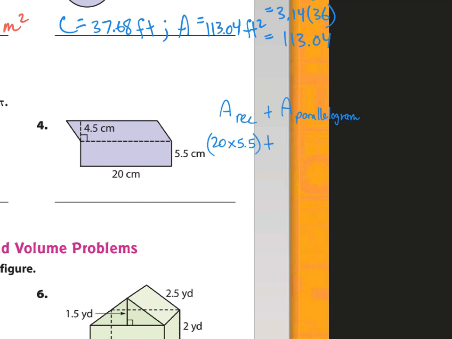And I'm going to add to that parallelogram, is just base times height as well. So that'd be 20 times 4.5. And so 20 times 5.5 is 110, and 20 times 4.5 is 90. Together, that's 200. So it's going to be 200 square centimeters.